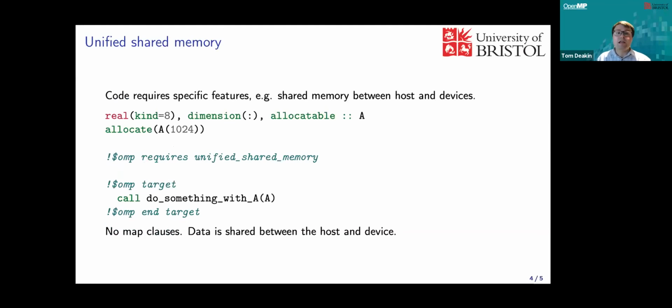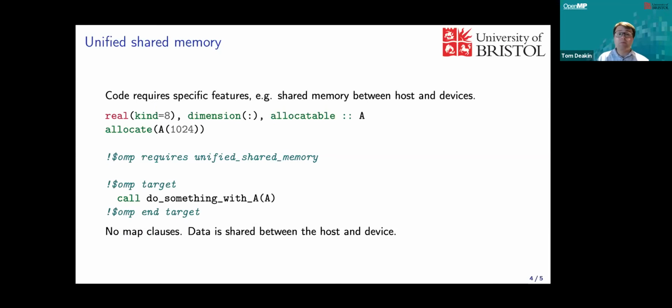There's also unified shared memory, and this is leveraged with the requires construct that's been added to OpenMP. This allows us as developers to make a statement that we require a particular feature of the OpenMP specification in order to guarantee that the code that we've written is going to be correct. So here, say I want to allocate an array A and I allocate it on the host.